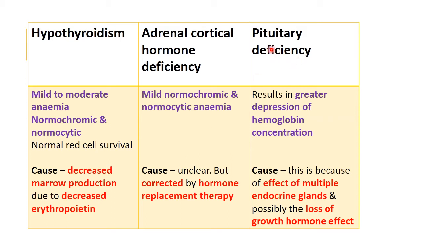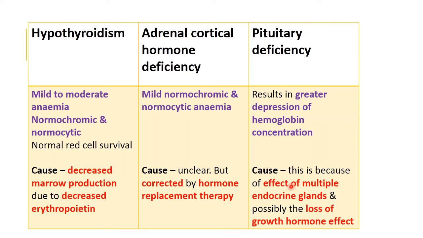The third endocrine disorder is pituitary deficiency, where the pituitary gland is not able to give out its secretions, the hormones or the stimulating factors. So this results in greater depression of hemoglobin concentration, that is nothing but anemia itself. The cause for anemia in pituitary deficiency is the effect on multiple endocrine glands.